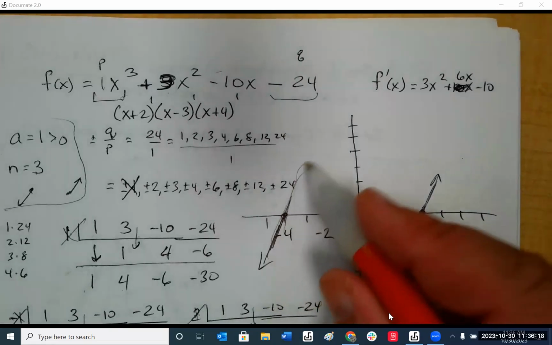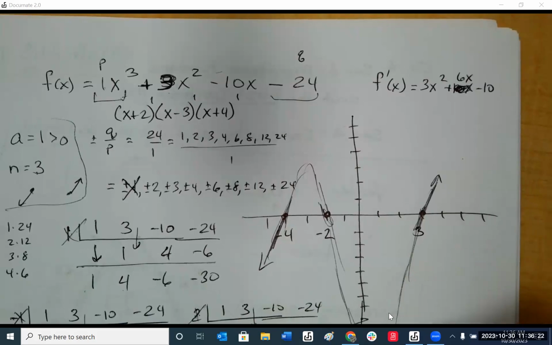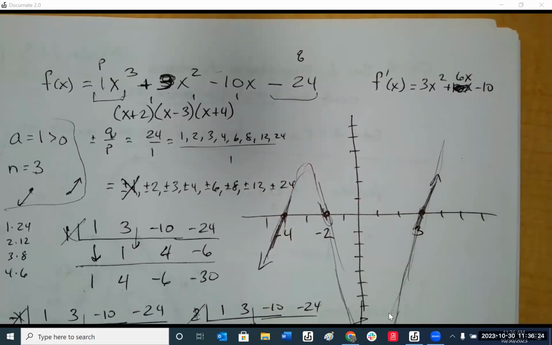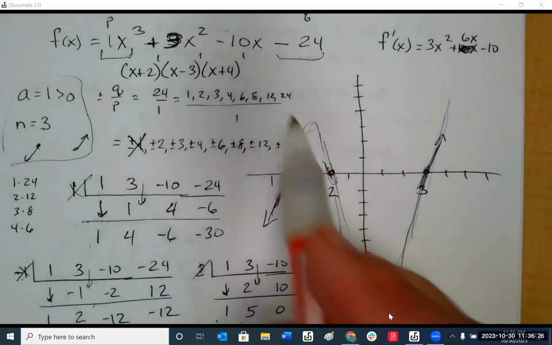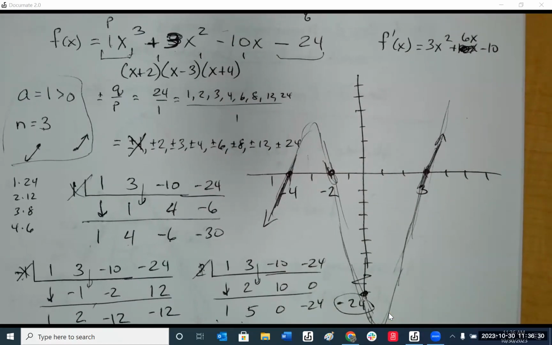So the graph will look something like this, and has to go down to 24. And it's even at the top. If it's an even number, then it bounces off that value. So we know that much already.